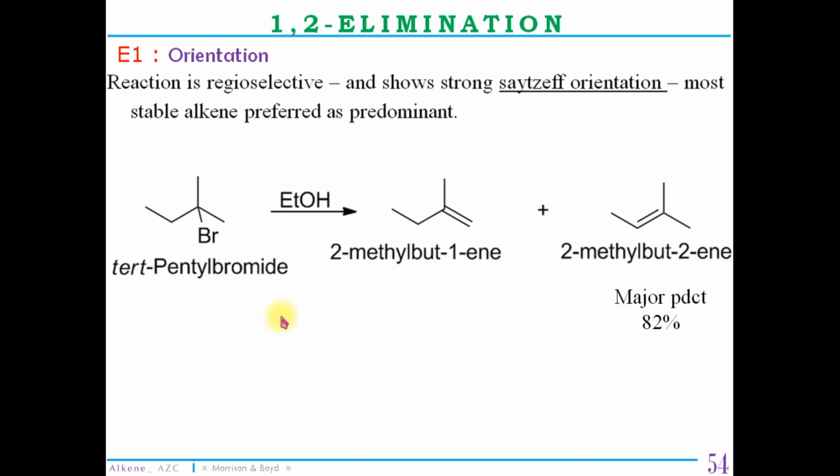So the reaction is regioselective, with strong Saytzeff orientation, where the most stable alkene, here the tri-substituted alkene, is preferred as predominant over this di-substituted alkene.